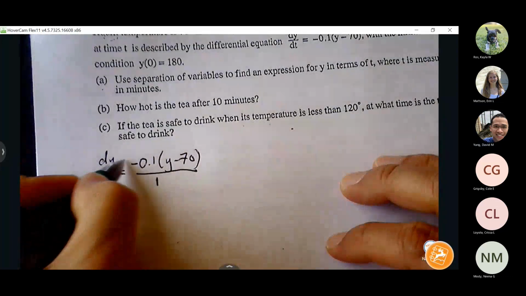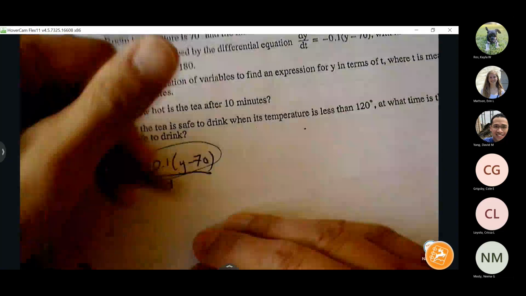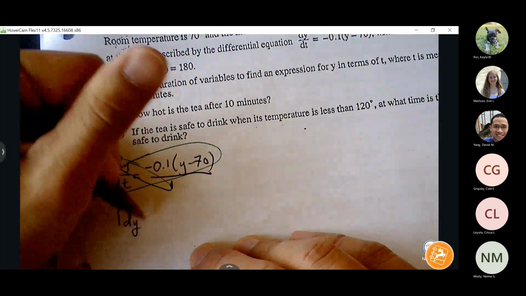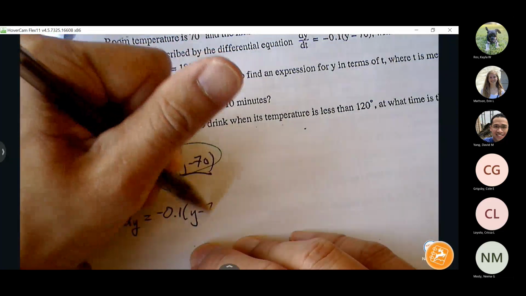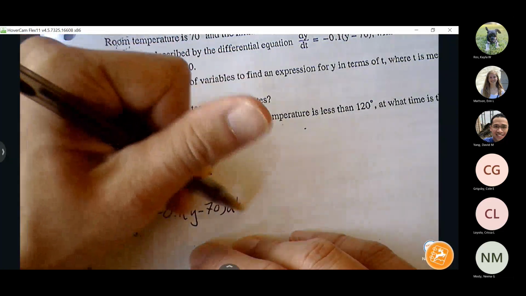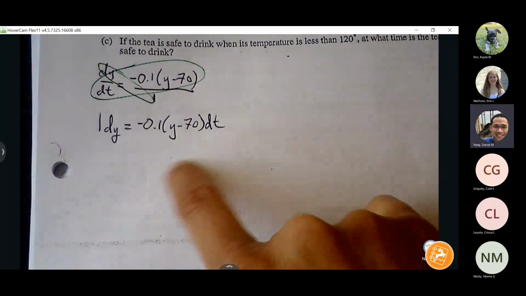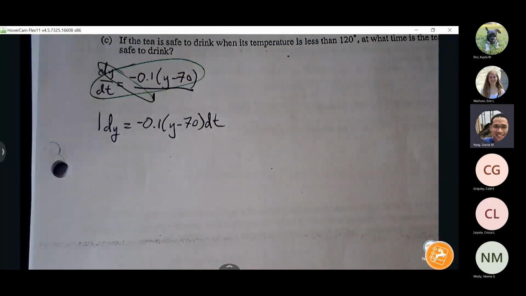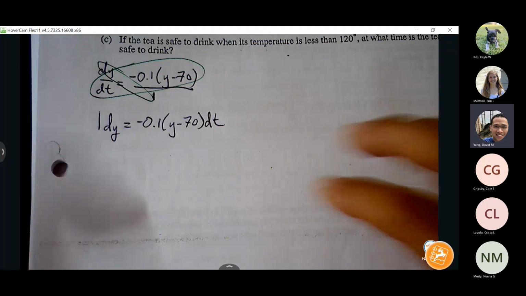Cross multiply. Okay, divide by y minus 70. That's the only thing out of place. The negative 0.1, that's a leftover coefficient. We want to keep as much away from the left side as possible, especially if we don't need it on the left side.